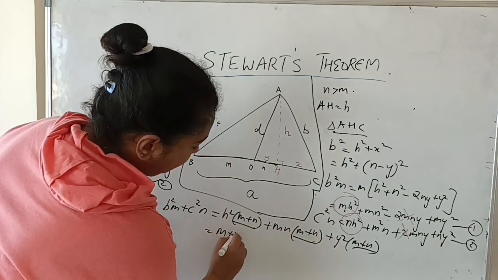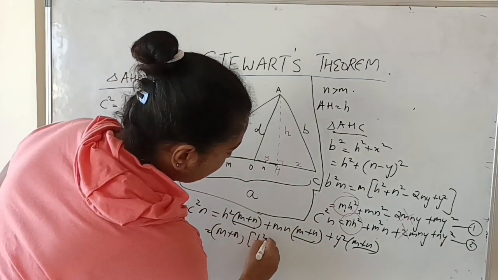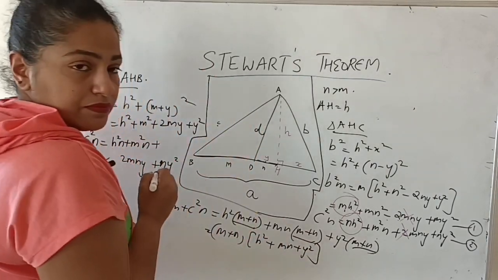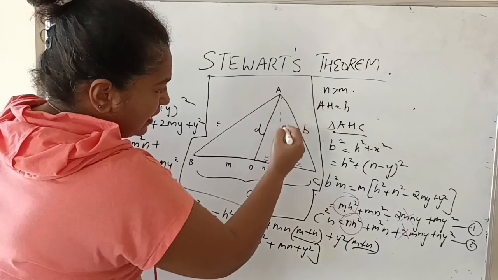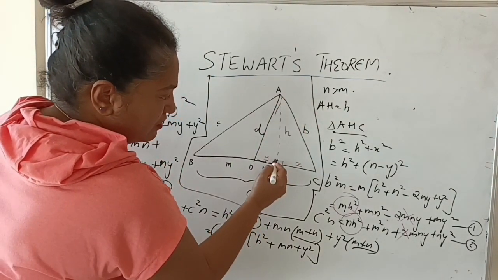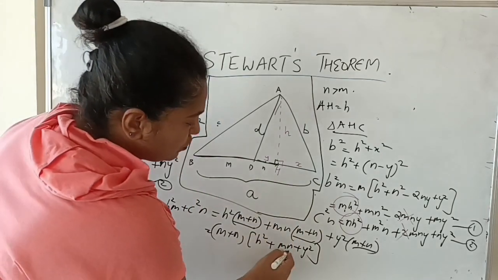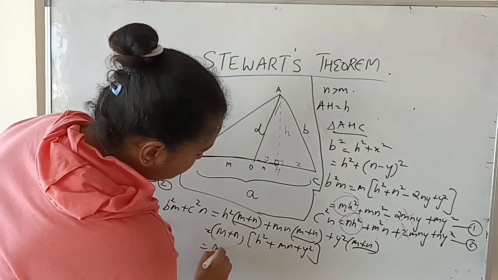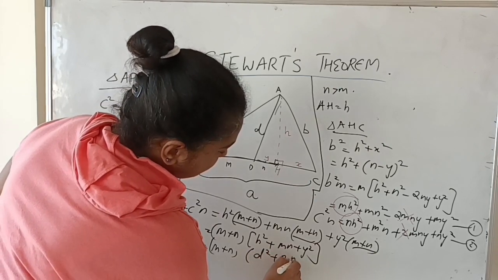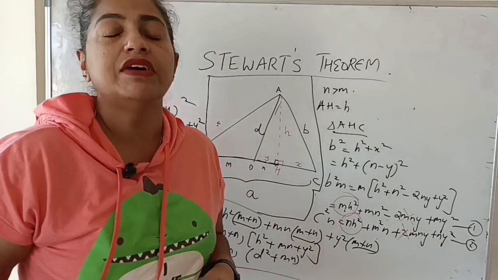So (M plus N) into (H square plus MN plus Y square). Now H square plus Y square should give me d square, because this is also a right angle triangle. So this becomes, this is our theorem.